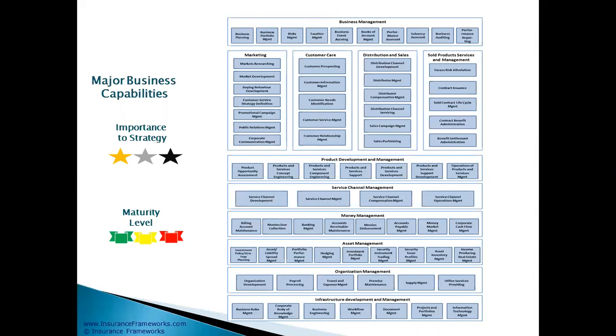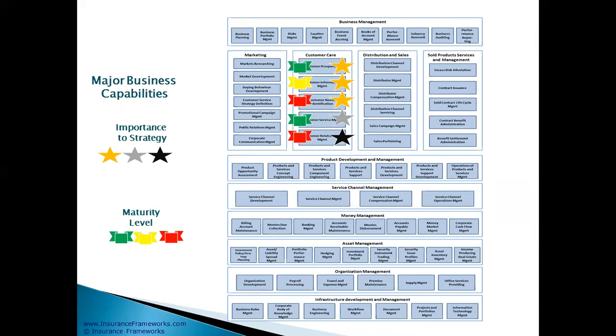So now we have the major capabilities that are in Panorama, and it's a blank sheet at this point. After doing a number of exercises, looking at the importance to strategies and the maturity level of the capabilities, we end up with a chart that shows customer care being a focus of the organization.